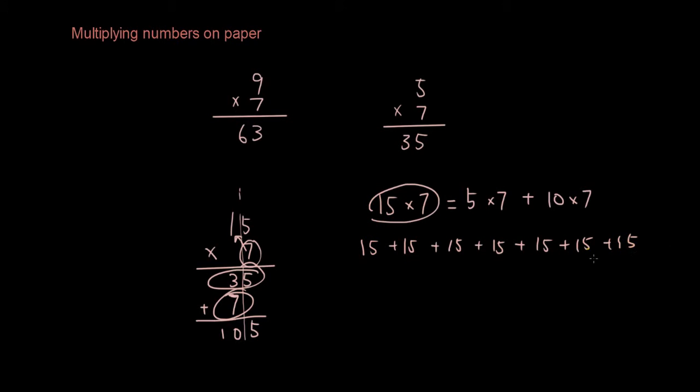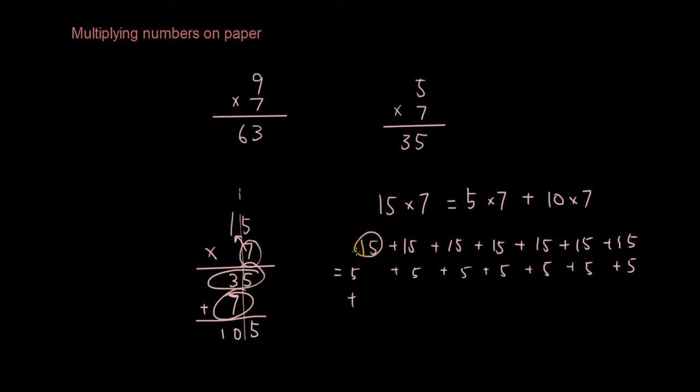15, 7 times, right? Now that's the same as, so this whole thing here equals 5 plus 5 plus 5 plus 5 plus 5 plus 5 plus 5, so that's the 5 times 7.